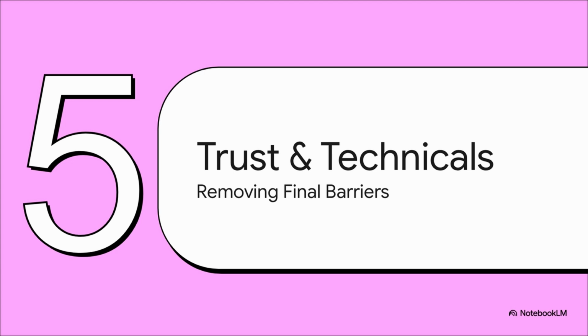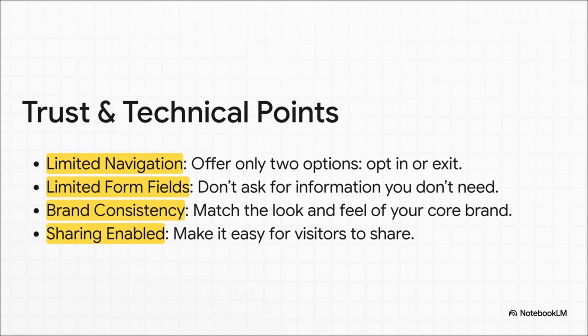All right, you've made your offer clear, you've made it persuasive. Now for the final step, building trust and just nailing the technical details. This checklist is all about removing any of that last-minute friction or doubt that could stop someone right at the finish line. The big goal here is to make the whole process totally frictionless. Get rid of the main navigation to keep them focused. Don't ask for a phone number if you only need their email. Seriously, every extra field you add will lower your conversion rate.